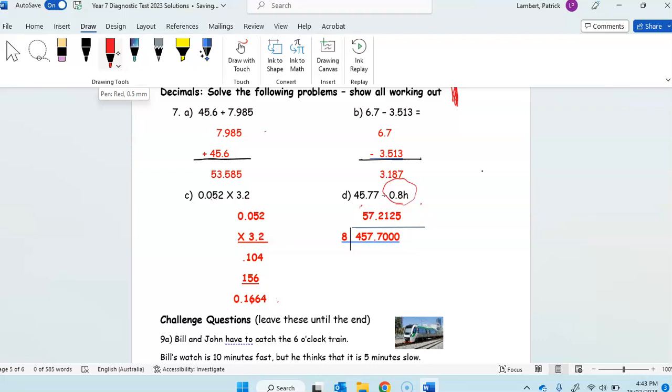So I add in a few zeros here, standard practice, then my decimal point goes up here, and I divide the normal way. 8 into 45 goes 5 times, remainder 5, 57, 7 eighths of 56, remainder 1. Okay, so we keep going and going until we get to no more remainders, so 57.2125. Some people were able to lay that out pretty well.